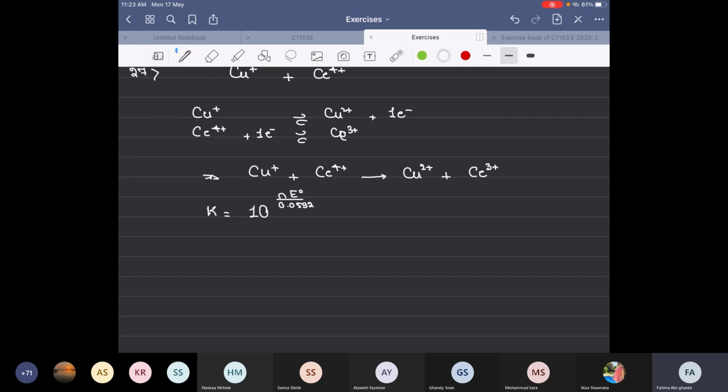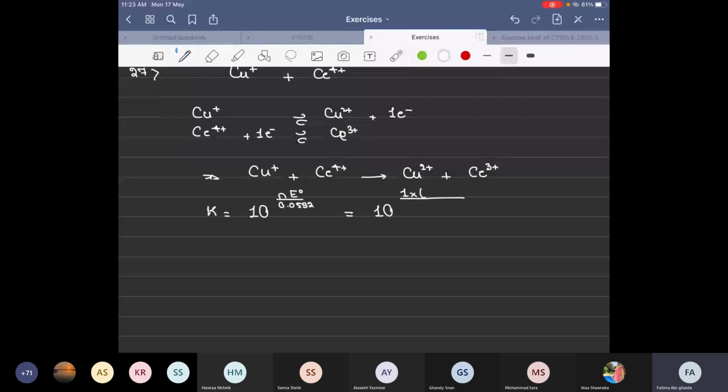This is clear, which is equal to 10 to the power n, where the number of electrons exchanged is clearly 1. So that is 1 times, which one is the cathode and which is the anode? If you look at it, Cu+ lost an electron, so it is at the anode.